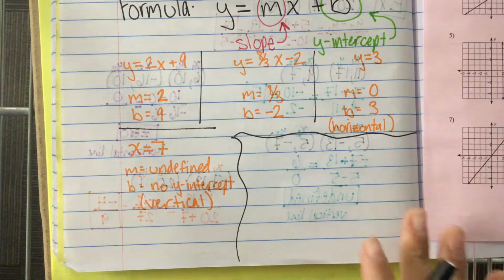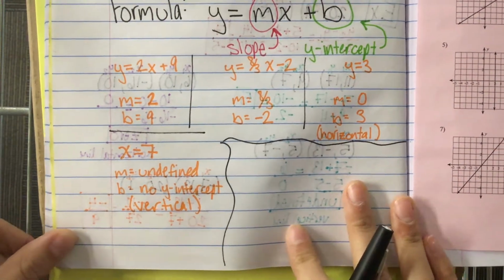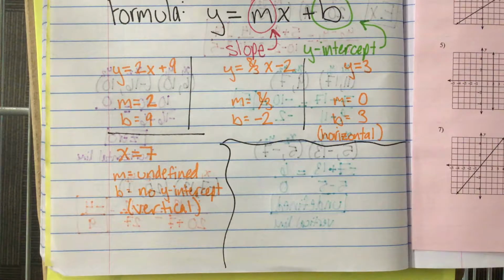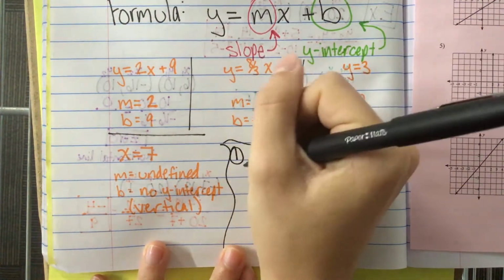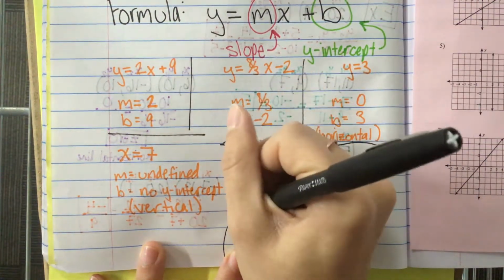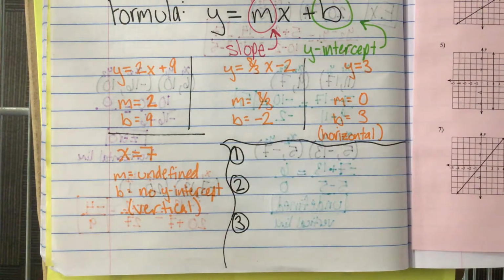So now let's talk about writing an equation for a line in slope-intercept form from a graph. Looking at the graph, what are our steps? We're going to have 3 steps.